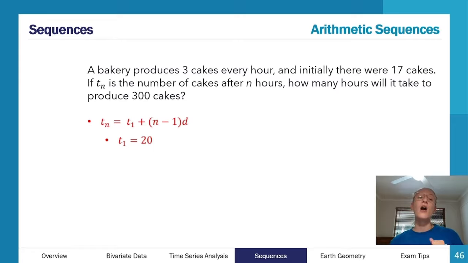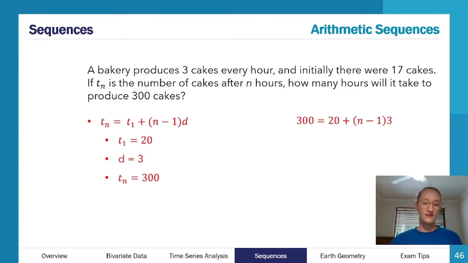So T1, I'm actually saying, is 20. I haven't defined n there, but that's okay. This might seem a little counterintuitive, but here's where n is defined. If Tn is the number of cakes after n hours, how many hours will it take to produce 300 cakes?